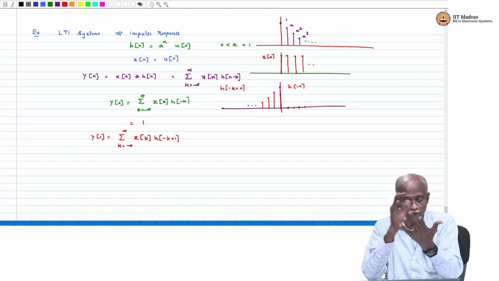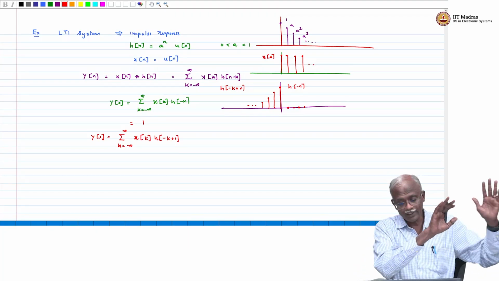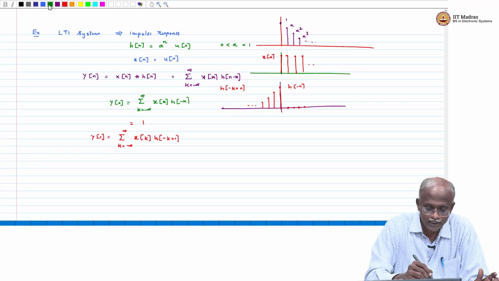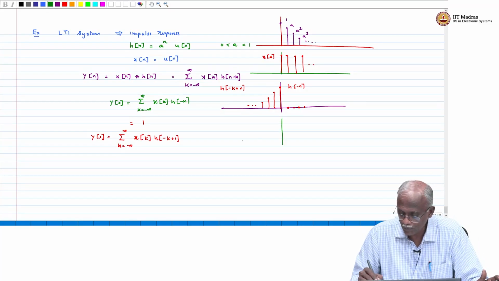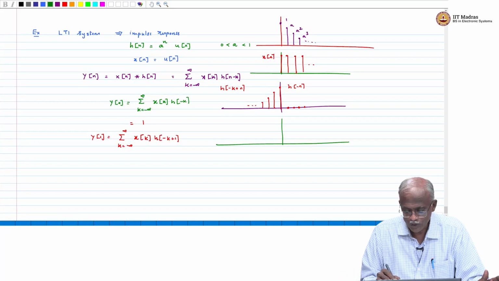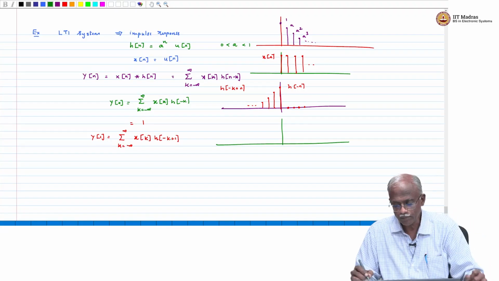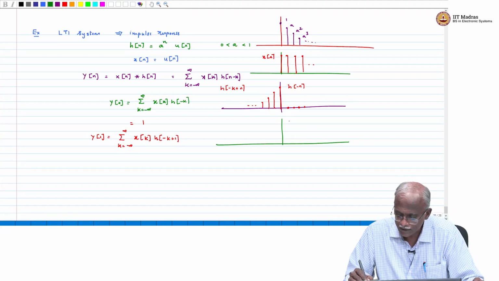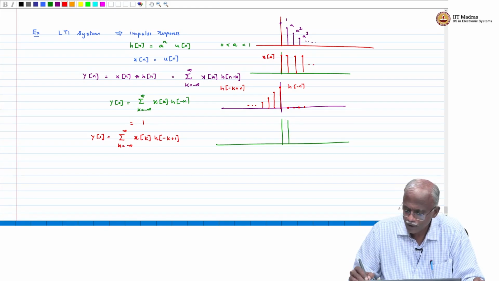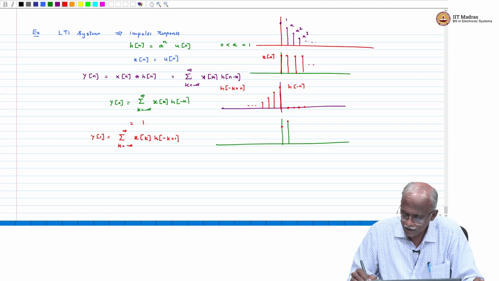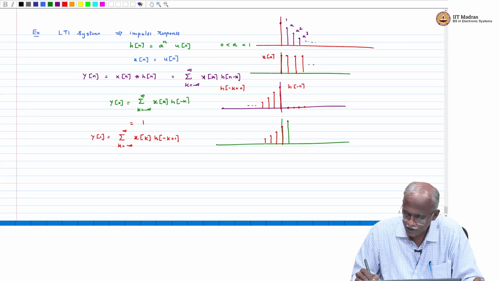So, basically the flipped sequence is shifting in the other direction, so that basically means that h of minus k plus 1 will be a sequence which starts here, okay, this is equal to 1, this is a, a squared, a cubed and so on.